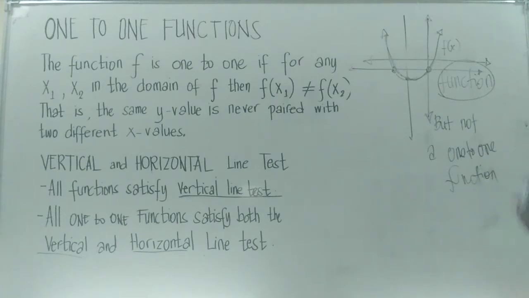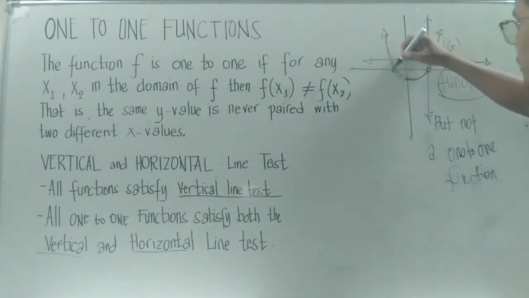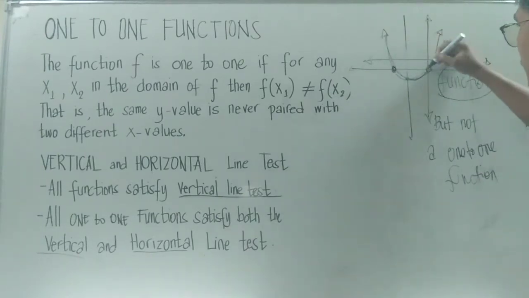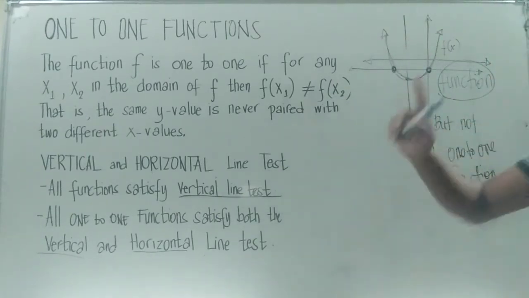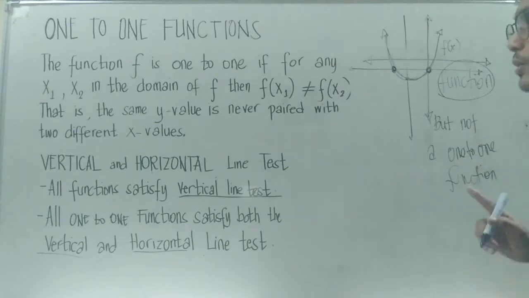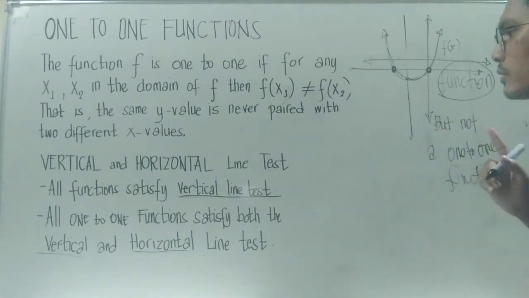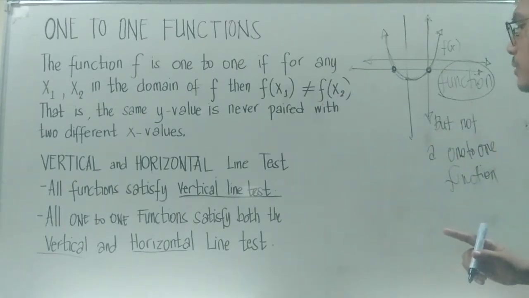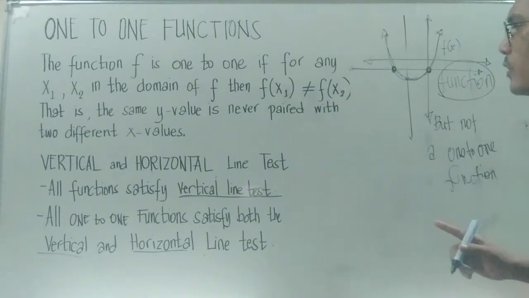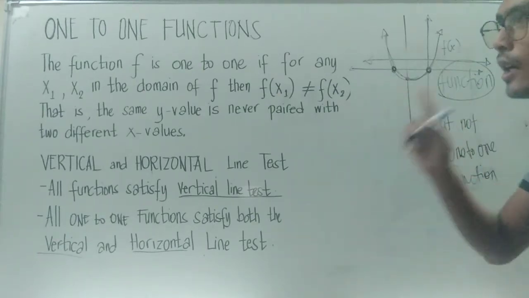How can we say that a certain graph of a function satisfies the vertical and horizontal line tests? It only satisfies the line test if and only if it intersects at only one point.